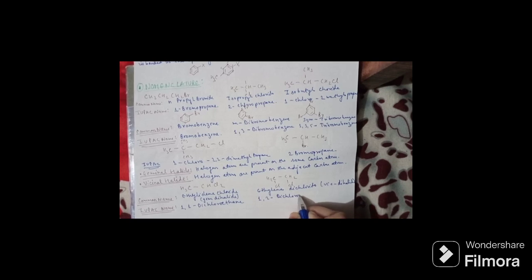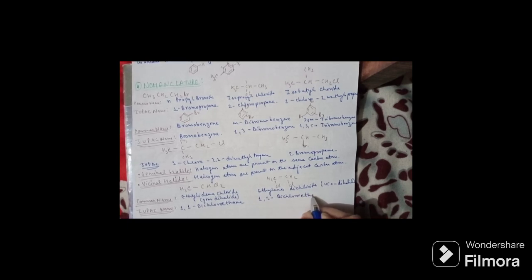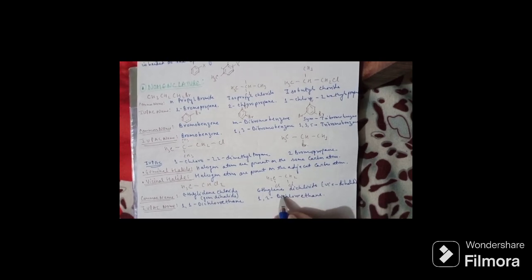And the IUPAC name is dichloroethane. Some common examples of halo compounds are mentioned that we'll discuss in the table, under the structure, common name and IUPAC name.